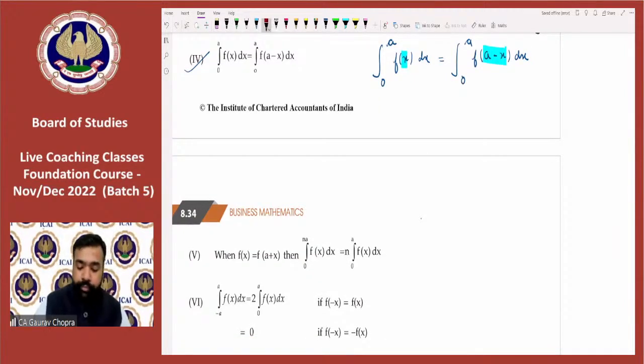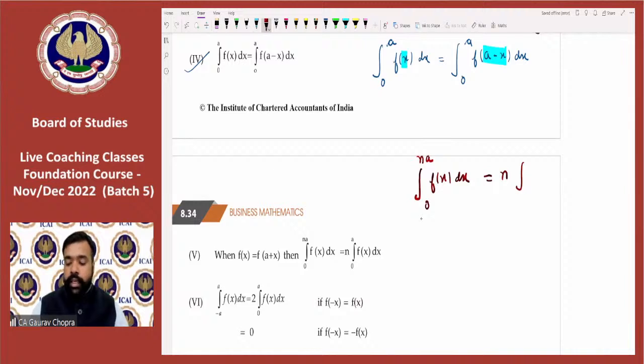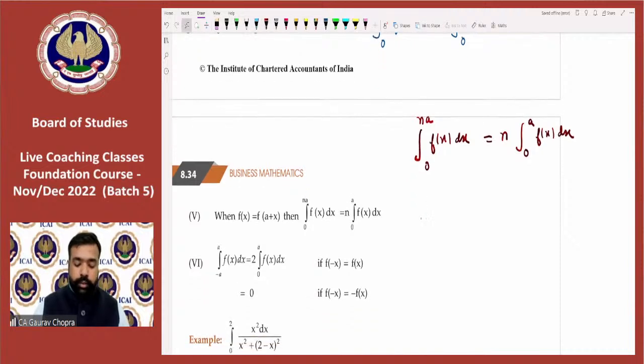Then similarly, if there is any function with limit from 0 to n times a, we can keep this n outside, integrate from 0 to a, and at last multiply the result by n. Both will give the same result.